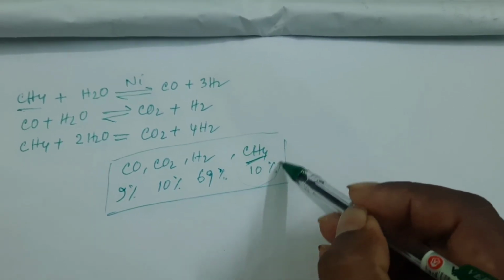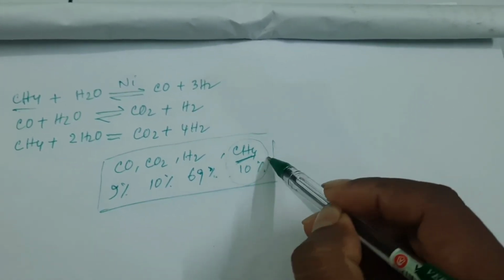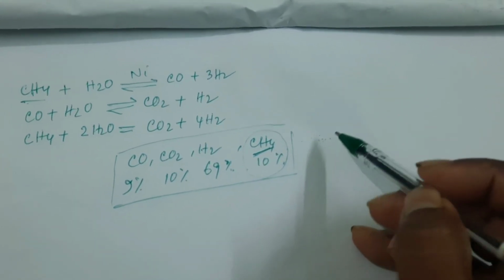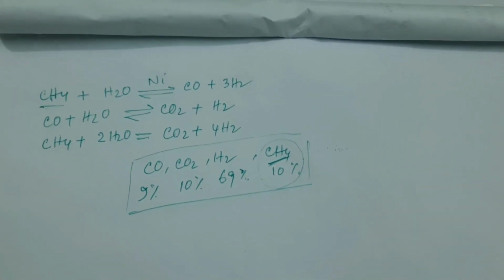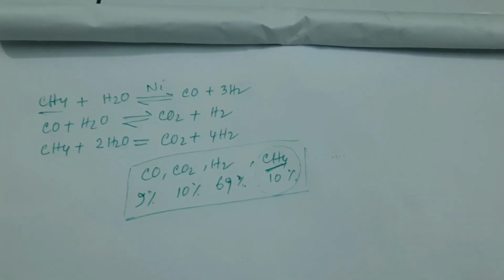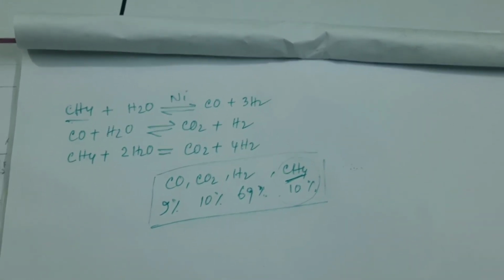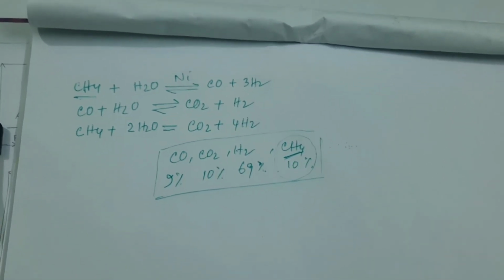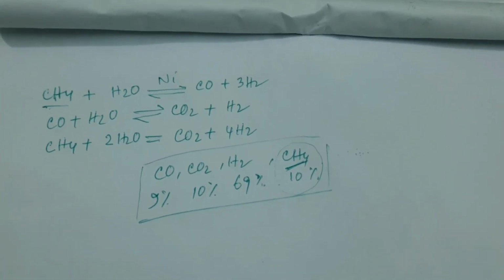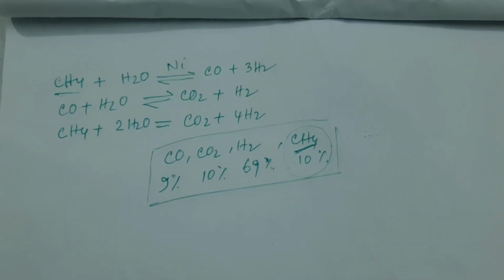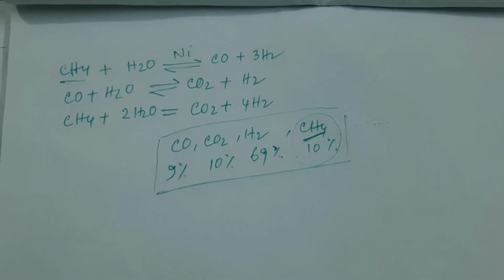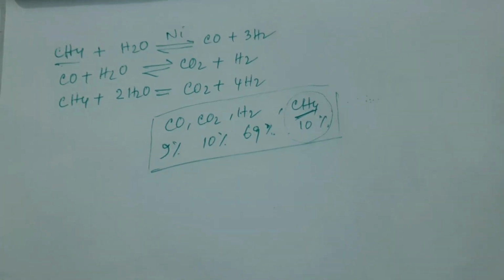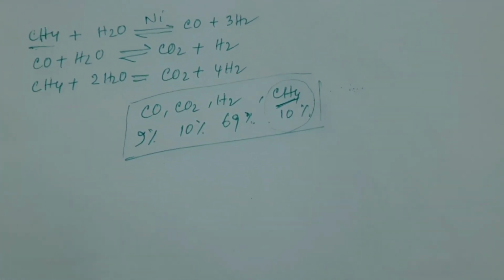For reforming this 10% methane, the secondary reformer is also required. So if anyone asks you why the secondary reformer is required, you can tell them that from the primary reformer outlet 10% methane is available, and for reforming this 10% methane the secondary reformer is required. Another thing, for making ammonia nitrogen is required, and for getting nitrogen the secondary reformer is required. So you can give them this answer.